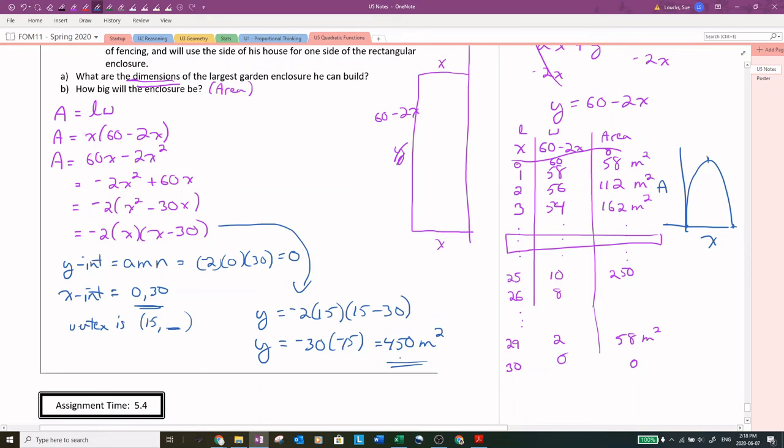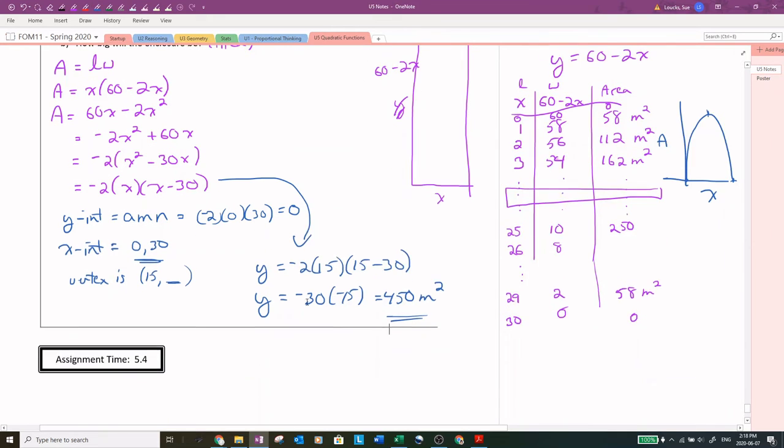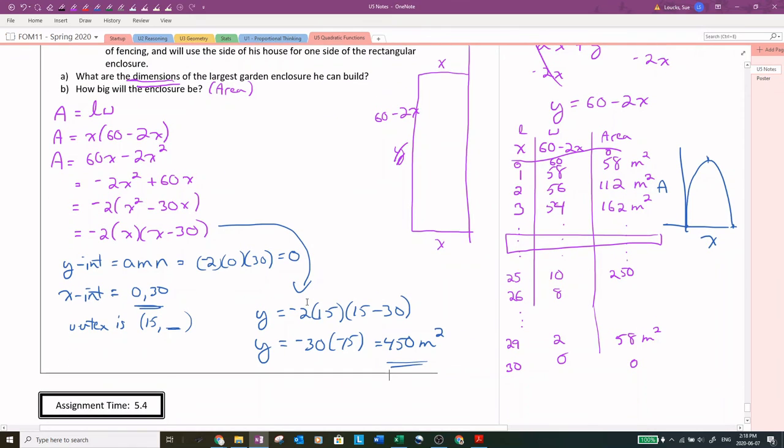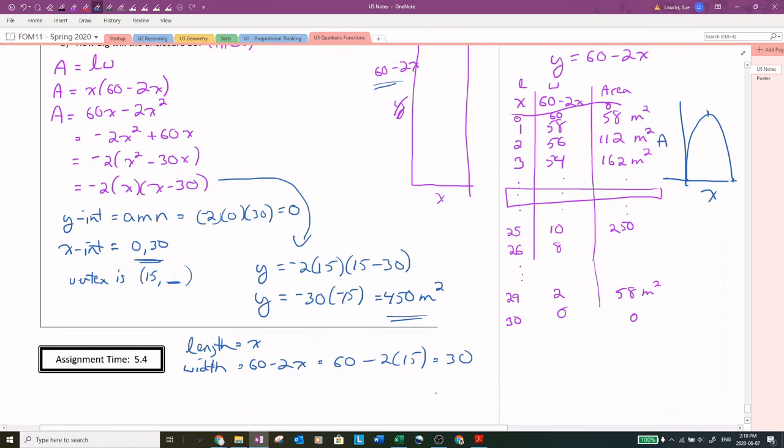Okay. And then we go back up to the question, and we're asked for the dimensions. So if the length equals x, the width equals 60 minus 2x, remember? That was our width up here. So 60 minus 2 times 15 is 30. 60 minus 30 is 30.